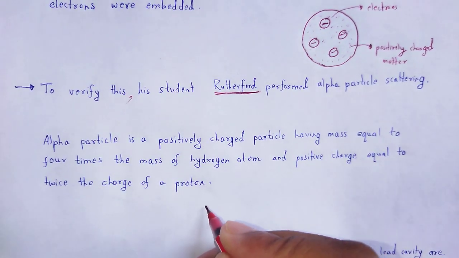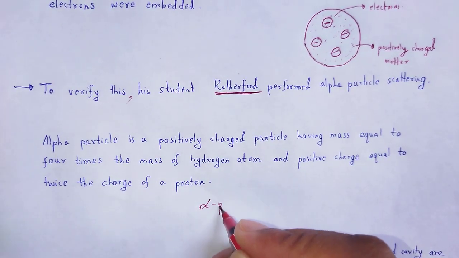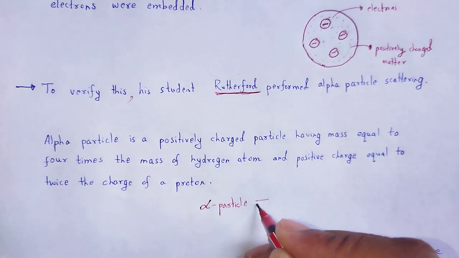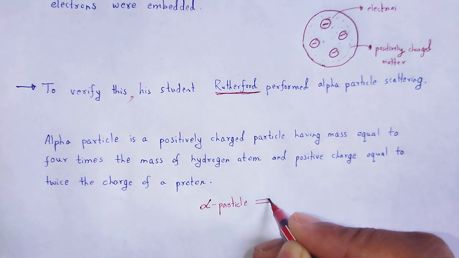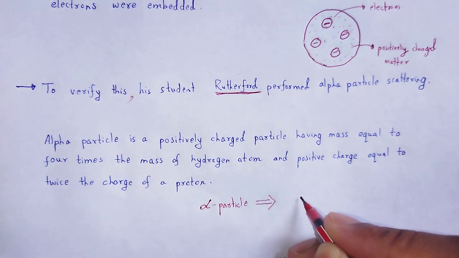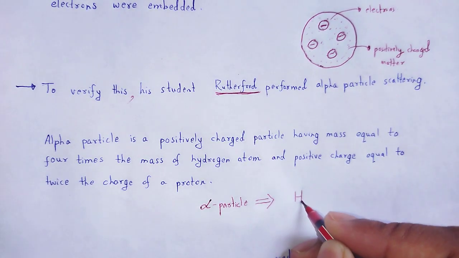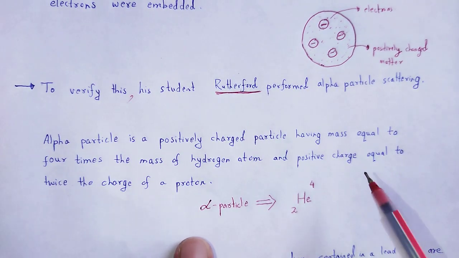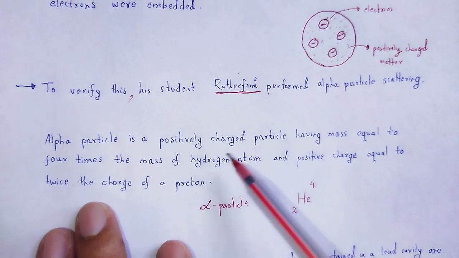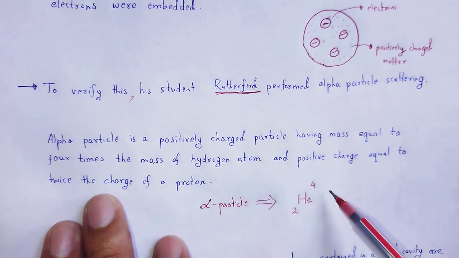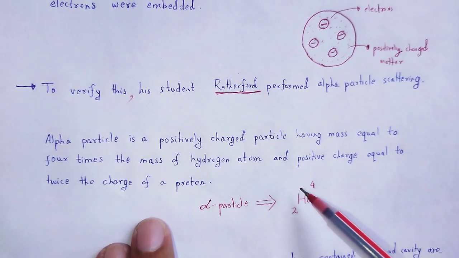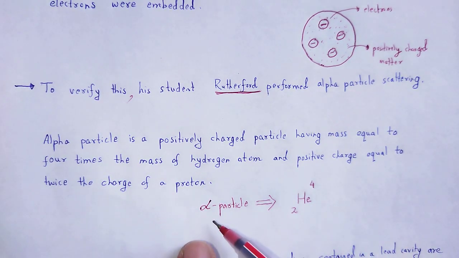We write the alpha particle as a doubly charged helium nucleus, 2He4, which has 4 times the mass of hydrogen and positive charge equal to twice the charge of a proton. 2He4 is nothing but the alpha particle.